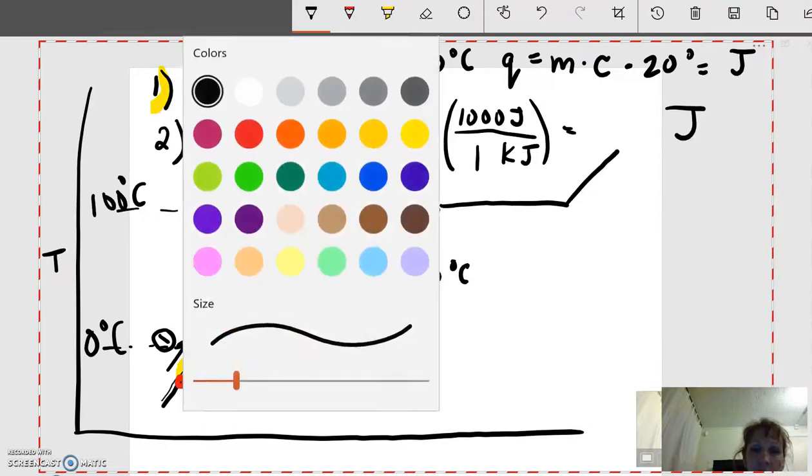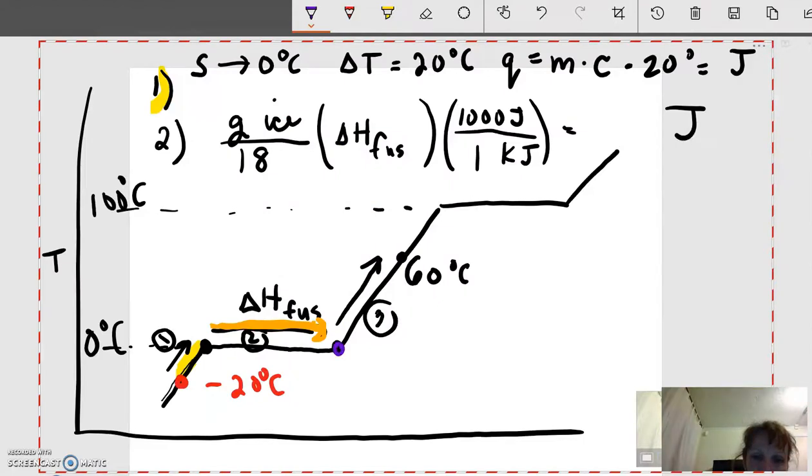Let's look at the third step, which is a heating step. Once you've turned your solid into liquid, you can now heat it. Okay, you can heat it. 60 degrees is the temperature change.